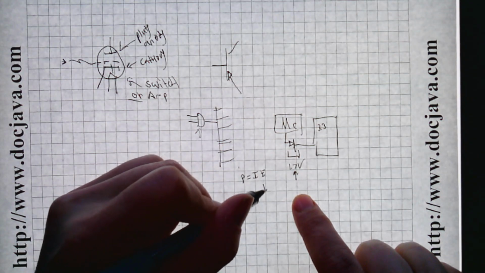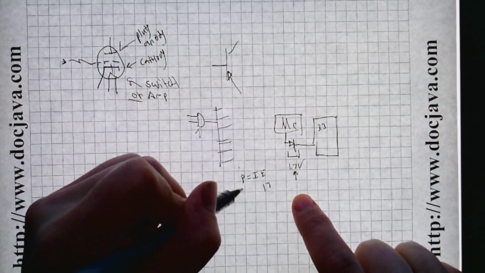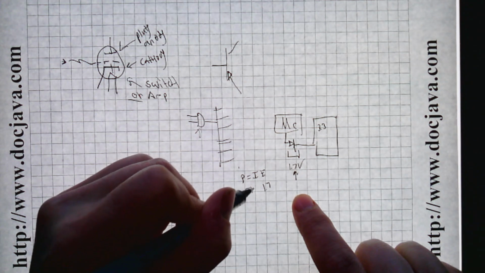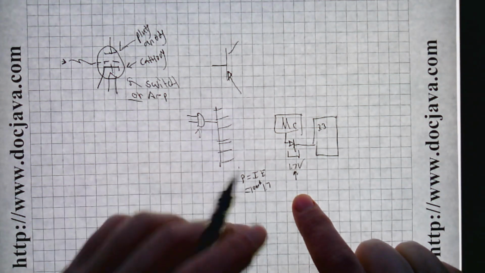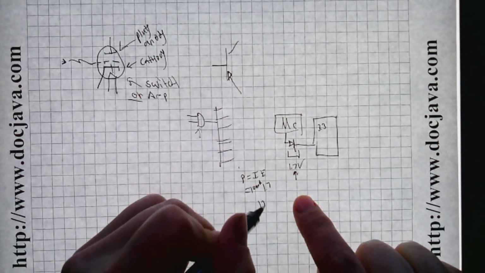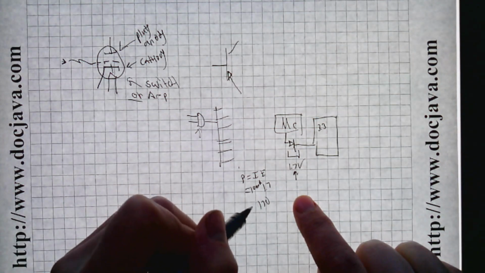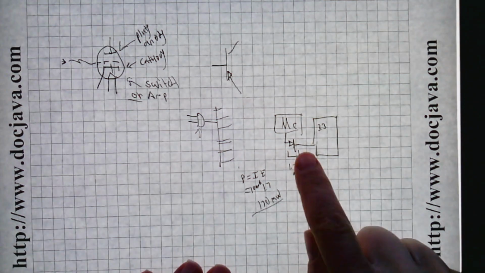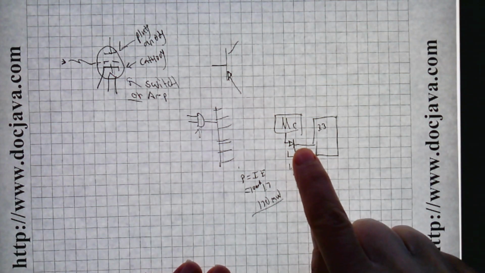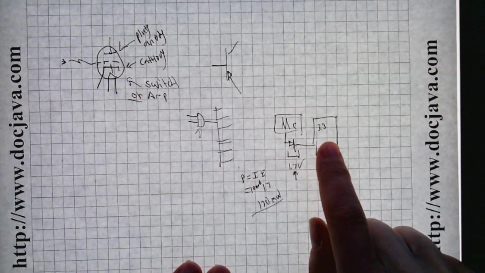Now all of a sudden it looks like you're going to have 170 milliwatts dissipated by this diode as long as this thing is on, and it could be on for a week.